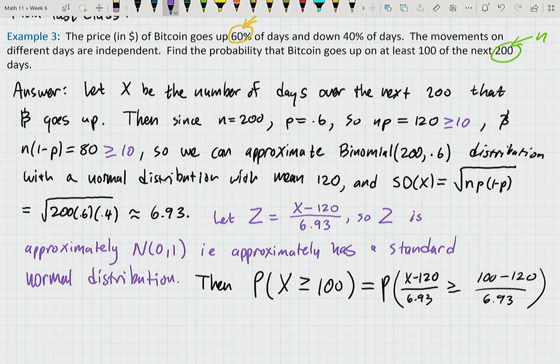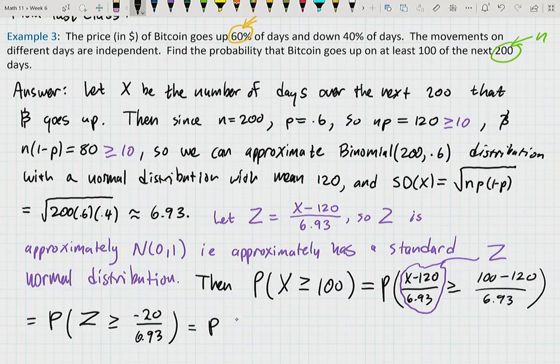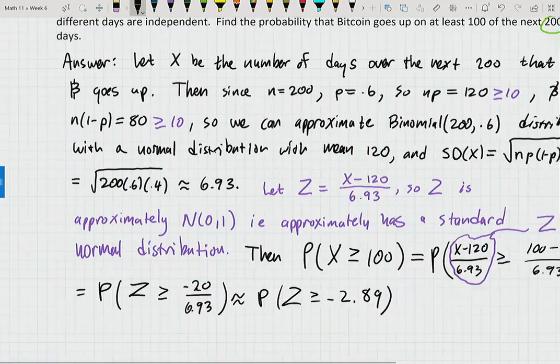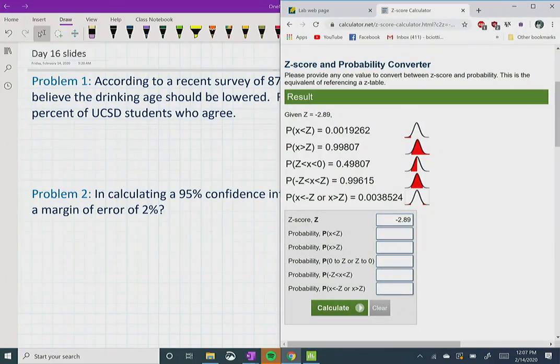But then this right here is exactly Z. So this is the same as the probability that Z is greater than negative 20 over 6.93, which is approximately the probability that Z is greater than negative 2.89, which we can get from a table. I plugged in 2.89.